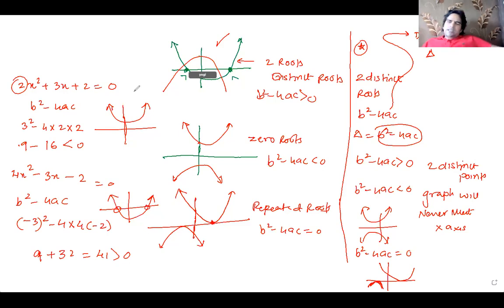Now, let's take a case where it touches the x-axis, maybe like negative x squared, negative 4x, and negative 4. When I do b squared minus 4ac here, you'll notice that this is negative 4 squared minus 4 times negative 1 times negative 4, because a is negative 1, b is negative 4.